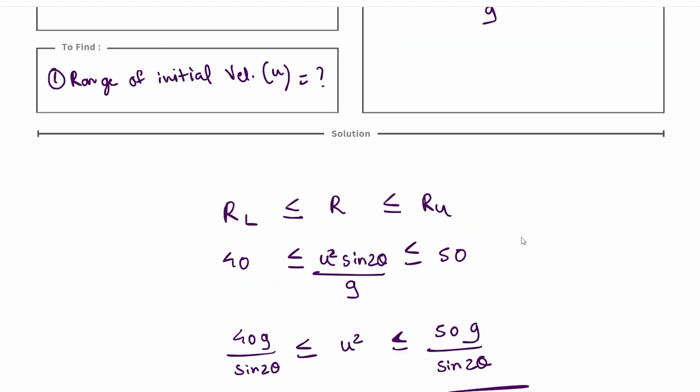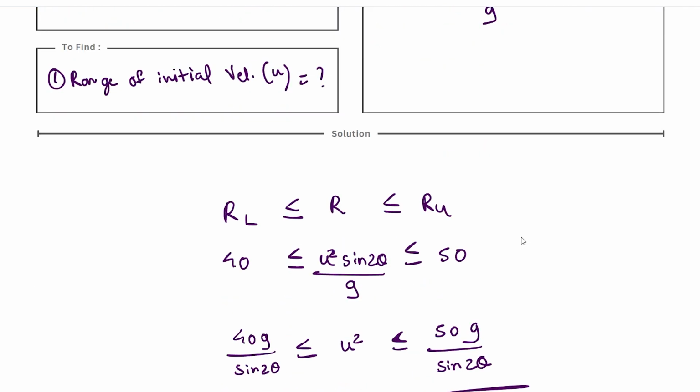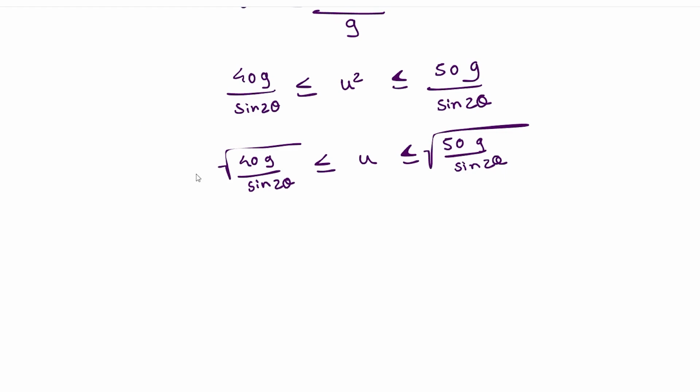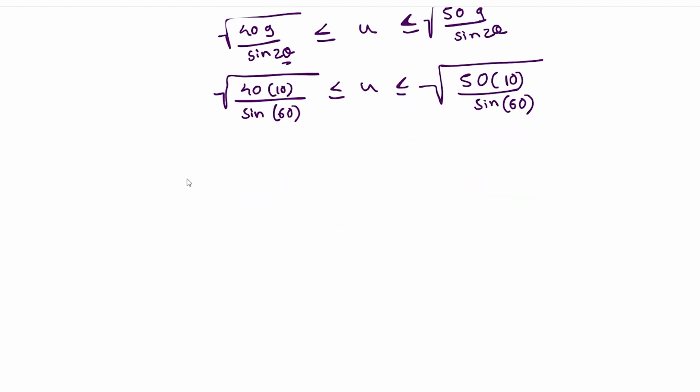Now let us quickly substitute all the values of theta and g in this equation. We get root of 40 into 10, which is the approximate value of g, divided by sine of 60, since theta is 30 and 2 theta becomes 60, should be less than or equal to u, which is less than or equal to root of 50 into 10 upon sine of 60. Now the value of sine of 60 is root 3 by 2.